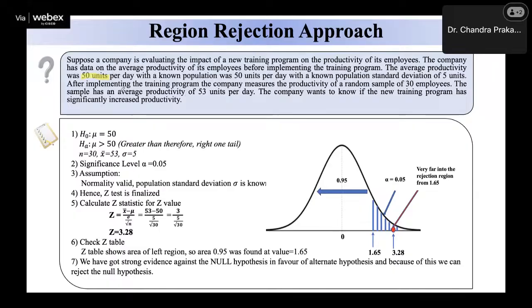Now, after implementing the training program, the company measured the productivity of a random sample of 30 employees, right? The sample has an average productivity of 53 unit per day.